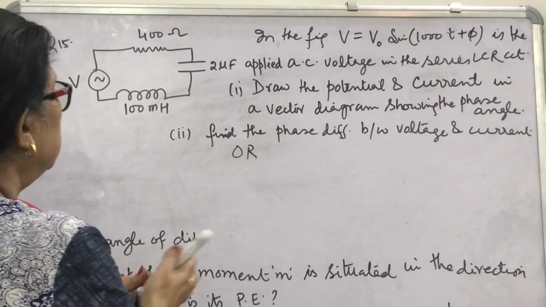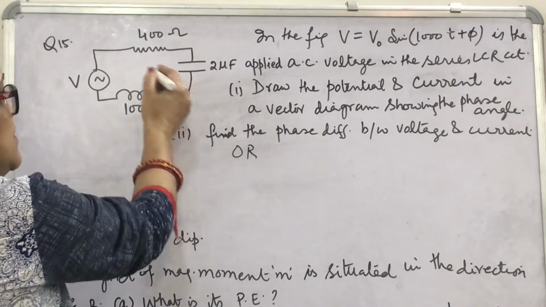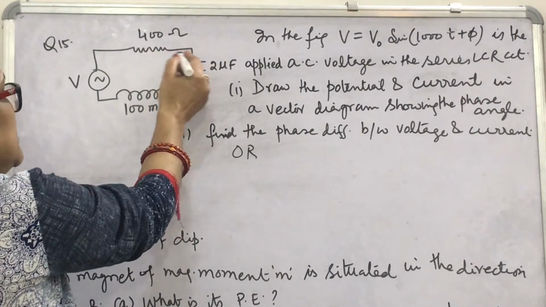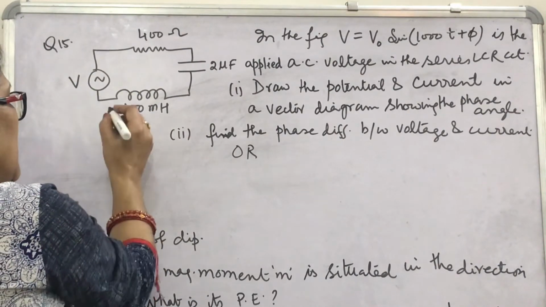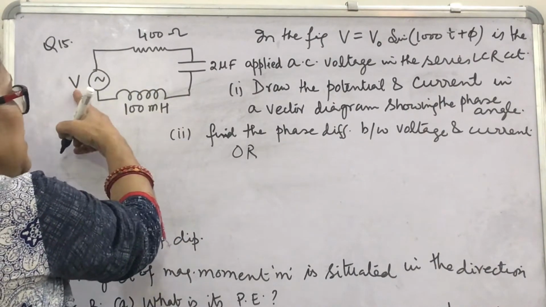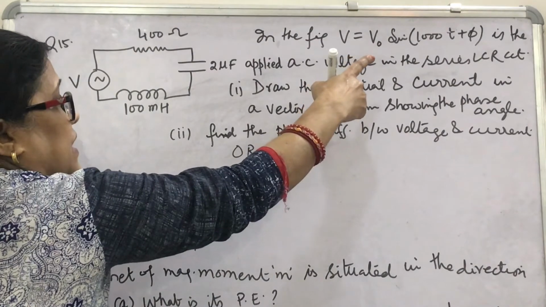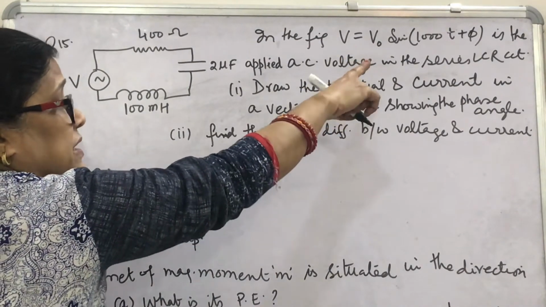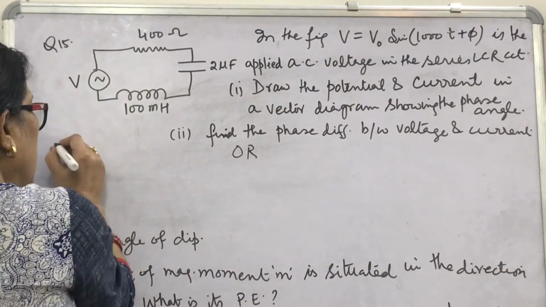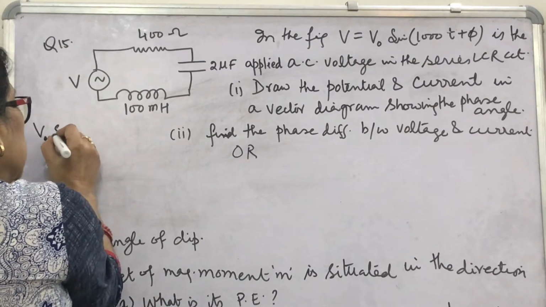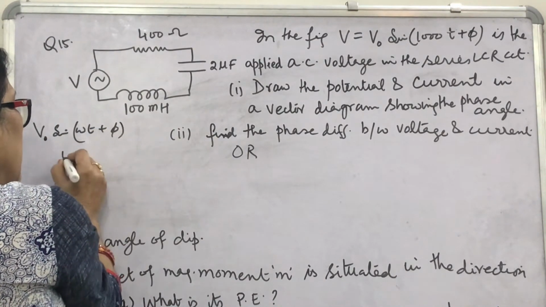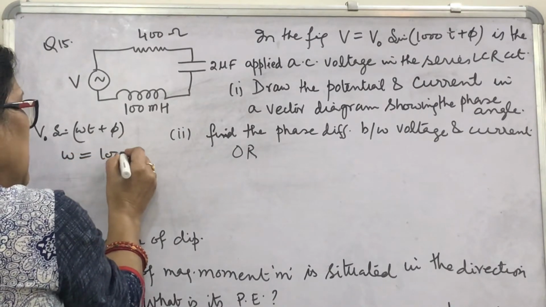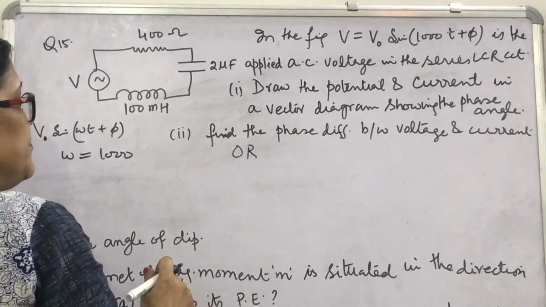You know, this LCR series combination is shown here with the AC source. You can compare V with V0 sine (omega t plus phi). Then omega is 1000 as per comparison.